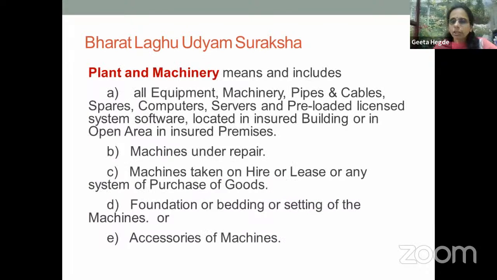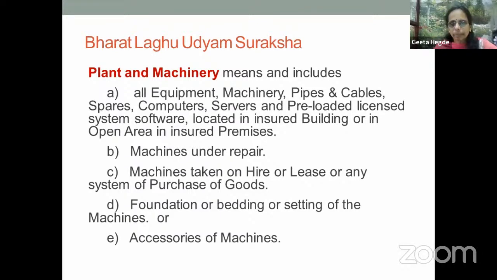Plant and machinery, what does it include? Actually, these two policies or new policies bring more clarity in the definitions of plant and machinery. All equipments, machinery, pipes and cables, spares, computers, servers and preloaded license system software located in insured building or in open area in insured premises is considered as plant and machinery.